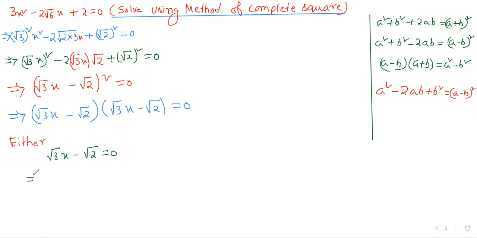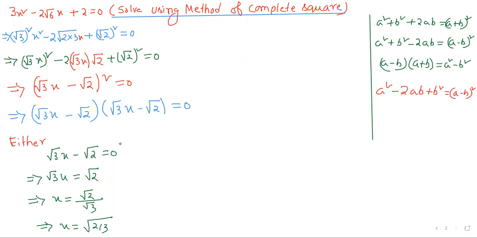That means root over 3x is equal to root over 2. This implies x is equal to root over 2 by root over 3. That means x is equal to root 2 by 3. Okay, so we can write like this.